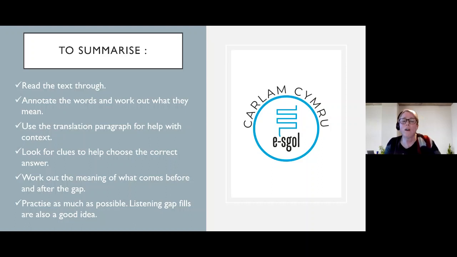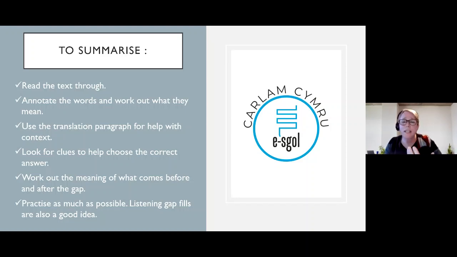Work out the meaning of what comes before and after that gap you've got, in order to work out the word that's missing. Check it, okay, go back through it. Does it read correctly? Does it sound okay? Does it make sense? So once you've worked out that meaning, practice as much as possible.